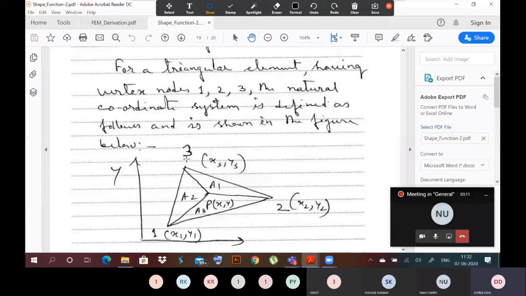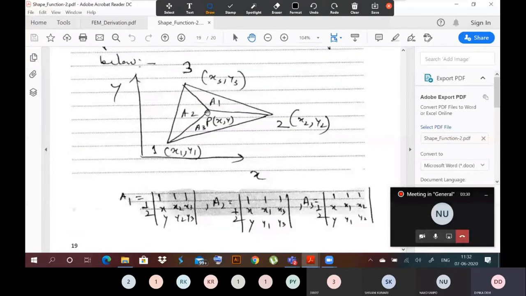Here you can see that from the point P, I have drawn 3 lines to nodes 1, 2, and 3. This divides the triangle into 3 triangles. The triangle P23 is opposite to node 1, so we name its area A1.